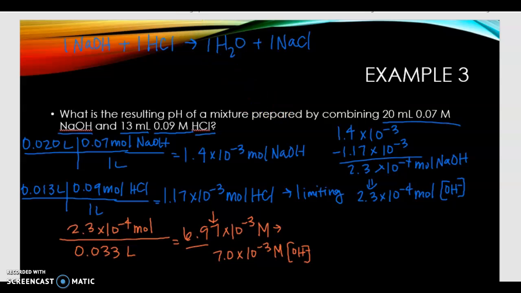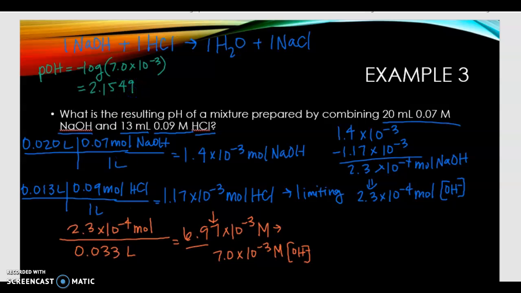We can't find the pH from a hydroxide concentration. We can only find the pOH from a hydroxide concentration. So pOH is going to be equal to negative log of our hydroxide concentration, 7.0 times 10 to the negative 3. So we're going to calculate that, and it's going to give us 2.1549.